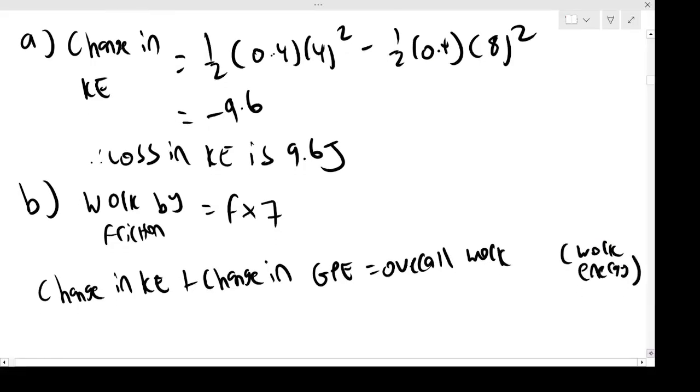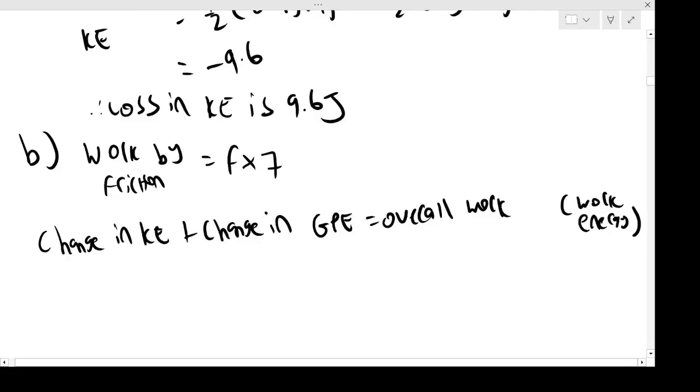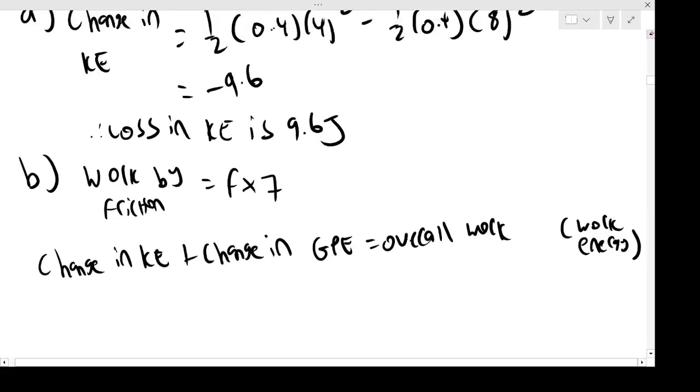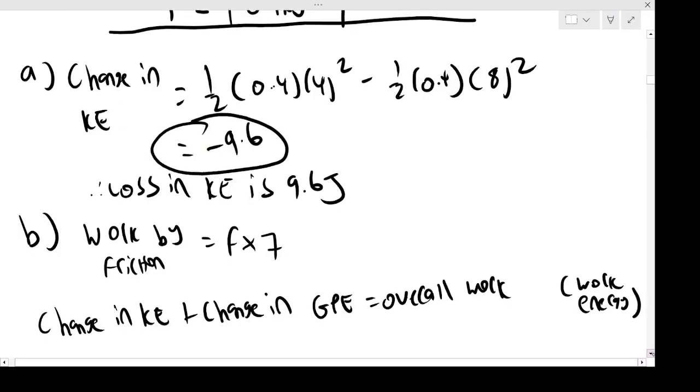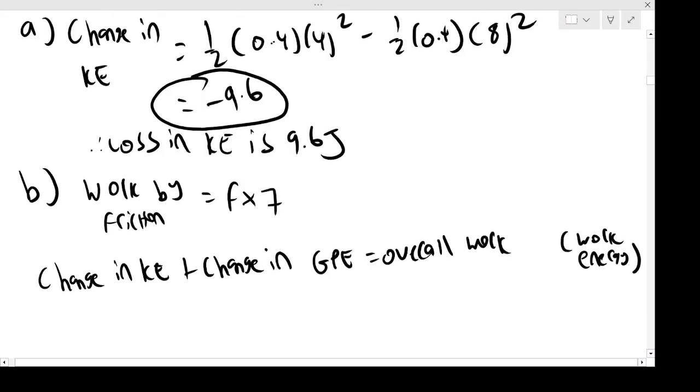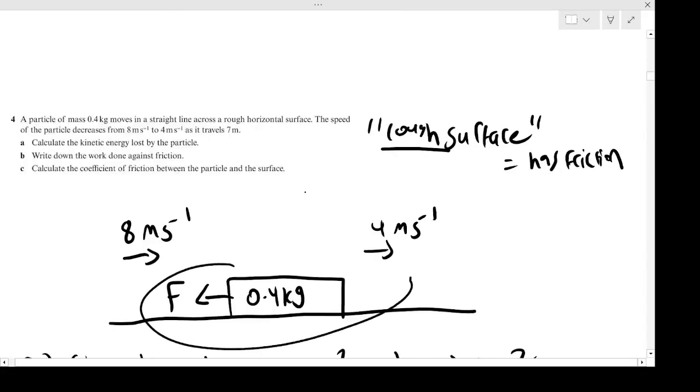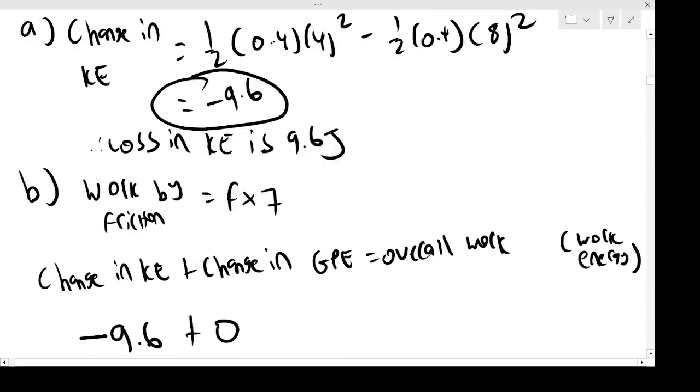That's the work energy principle used there. Very important, you include any minuses here. The change is a negative change because we're losing kinetic energy, so we use minus 9.6. There is no change in gravitational energy because it's always on the ground, so there's no height change. So 0 for that.